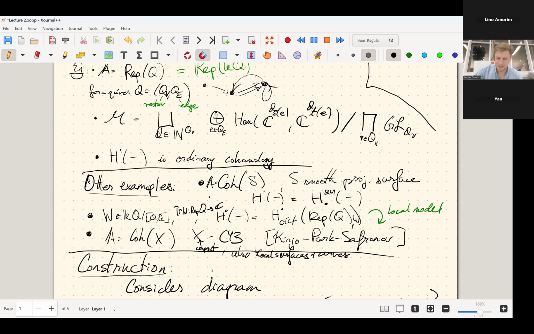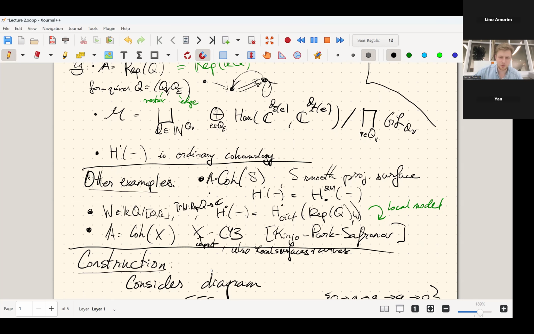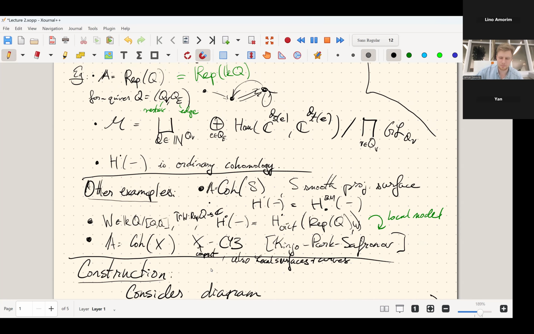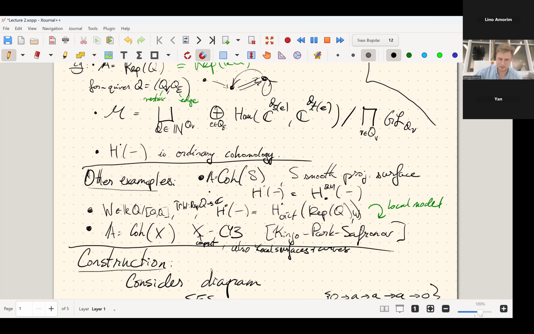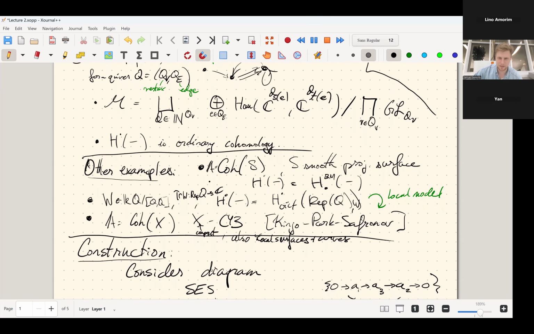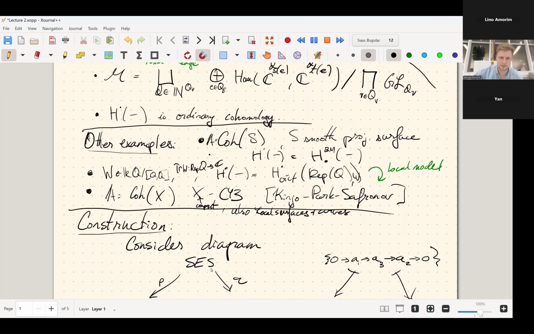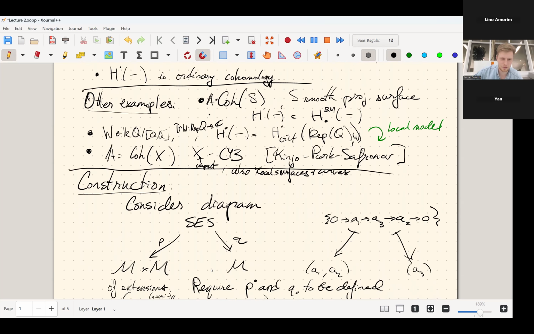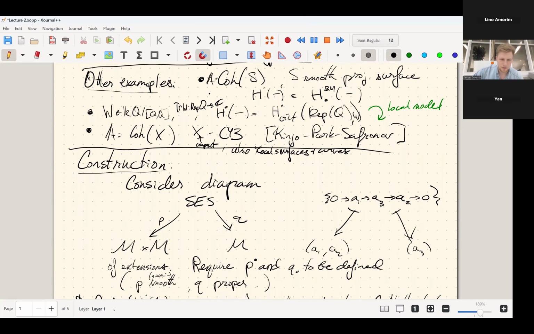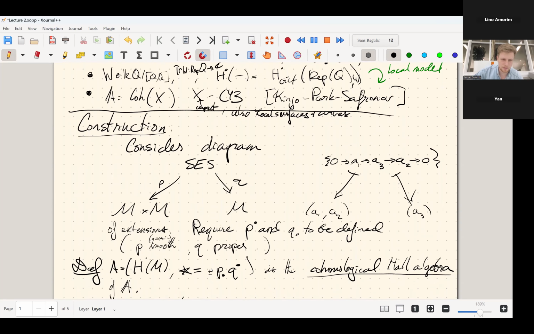Yeah, all right, but anyway, I agree. So we're going to focus on quivers, because somehow this seems to be the fundamental step that you have to handle if you're going to handle the general case. Then what is the construction?